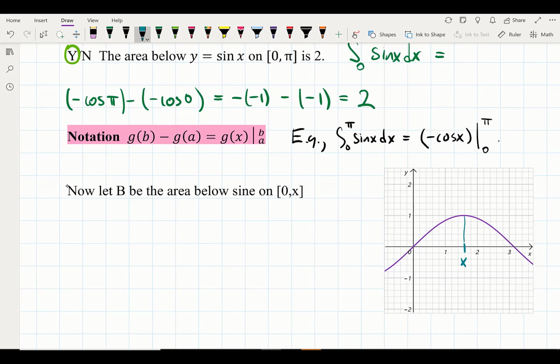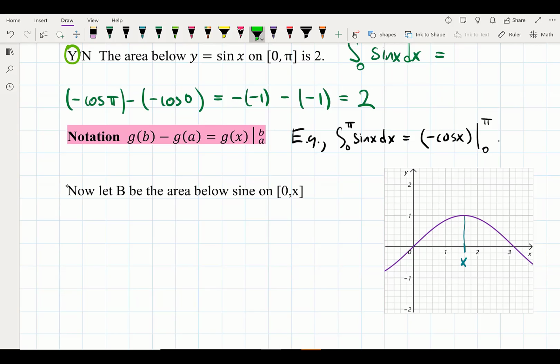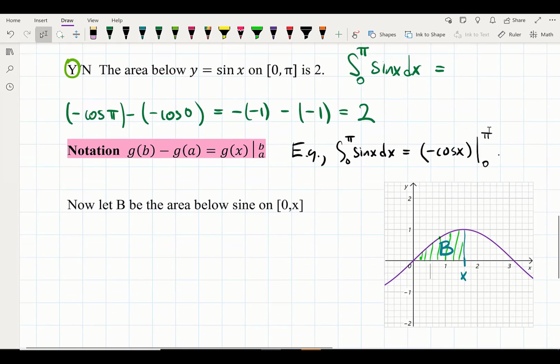Then let's see if I can draw B. B will be this region here. Notice that its area depends on x. Just kind of weird. We previously tried x being pi or 2.